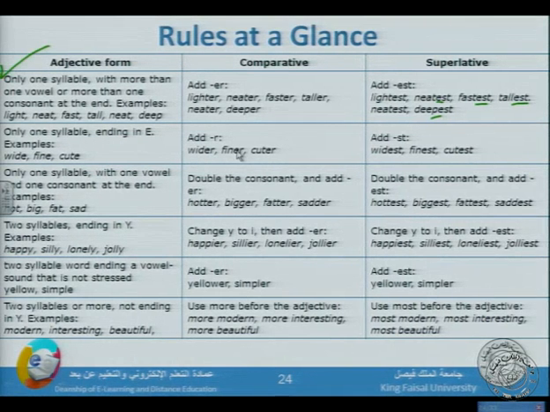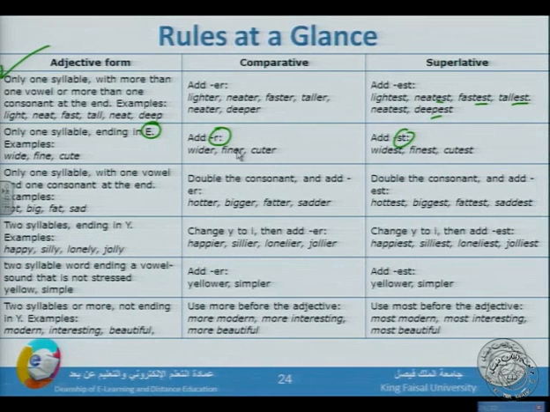So we have discussed this one at the beginning. Then we've discussed the one-syllable words ending with E. حكينا في هذه الحالة أنت تضيف فقط R أو ST، مثل كلمة wide, wider, widest.